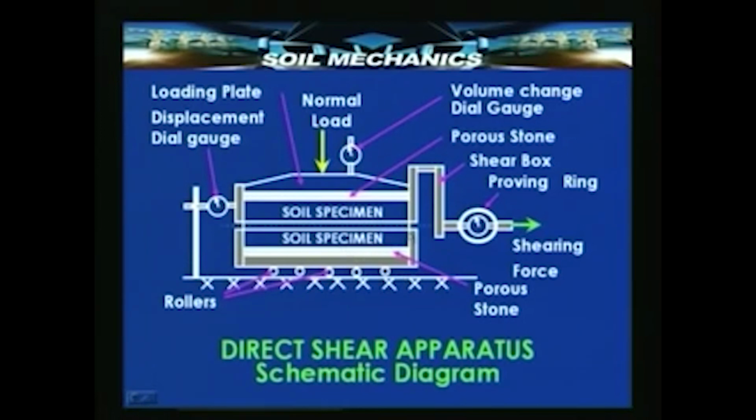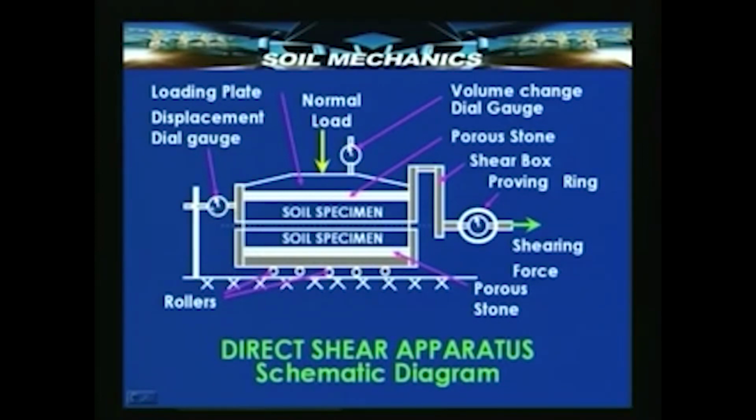The container is split into two halves, and there is what is known as a yoke to which a proving ring can be attached, and the soil specimen is kept in this container, kept in such a way that there is a small gap between the two parts of this container, so that the upper portion can be moved relative to the lower portion.